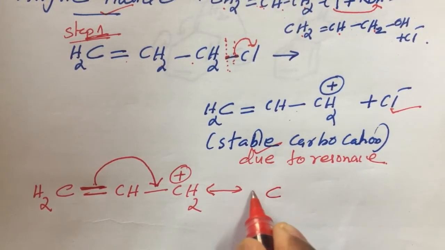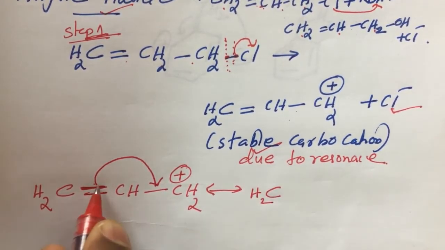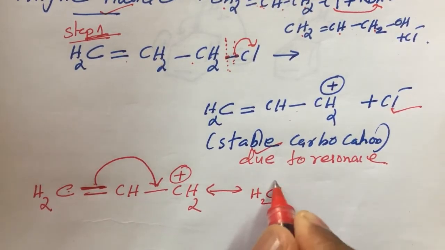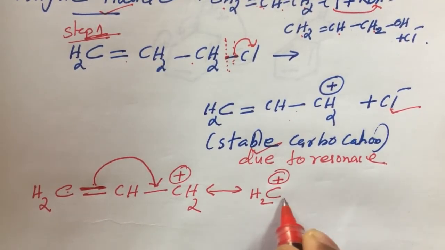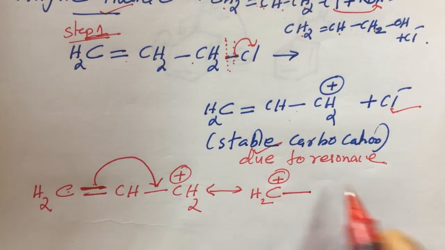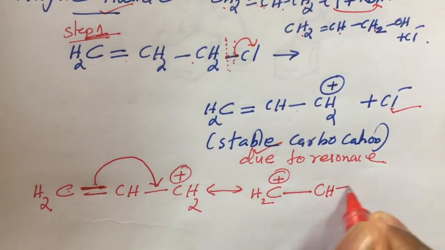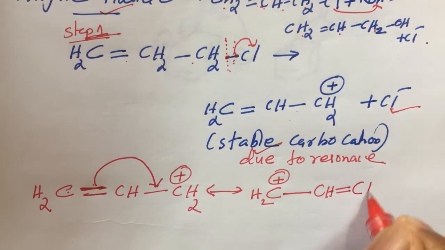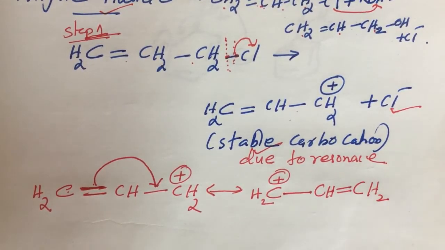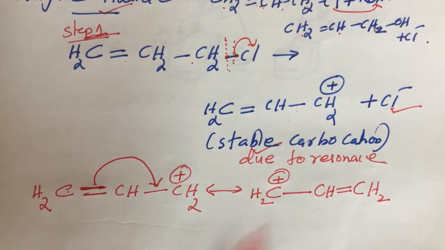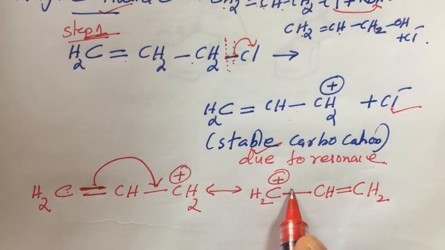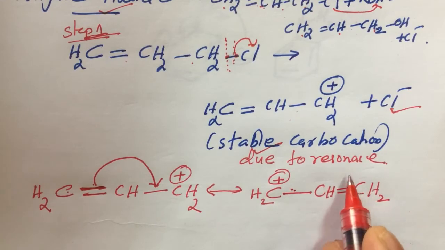After losing these two electrons, this carbon becomes plus, the double bond becomes a single bond, and the CH after shifting two electrons becomes a double bond. Then CH2, here no need of positive charge. Again the electrons will shift back to this position and this carbon again becomes positive.